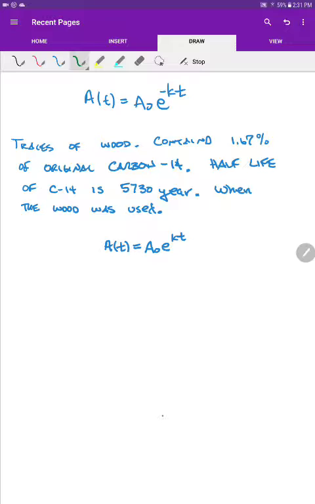If we want to find out the time, how far back this was, the time that has elapsed, then we need to know what k is, which we don't currently know. We need to know something about A0, and we need to know something about A of t.